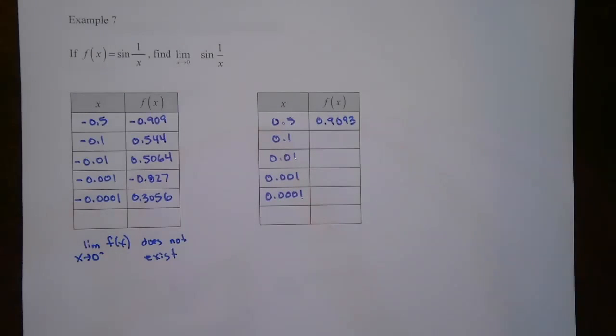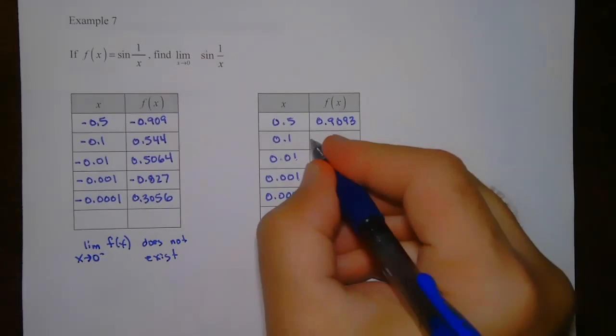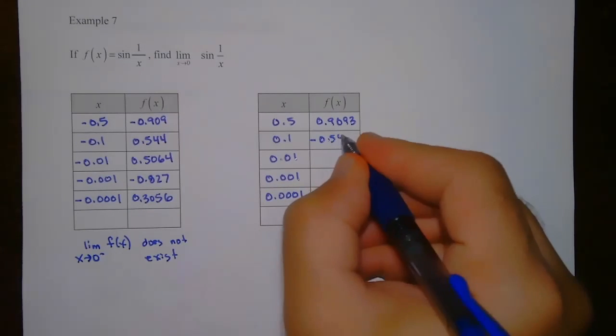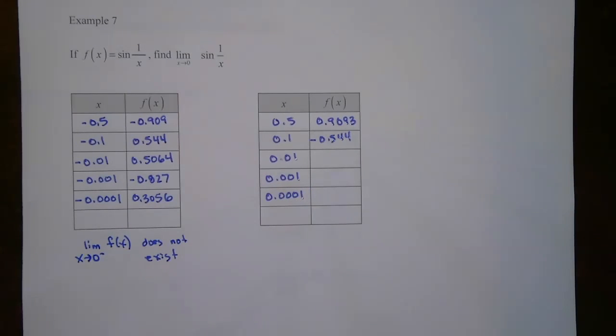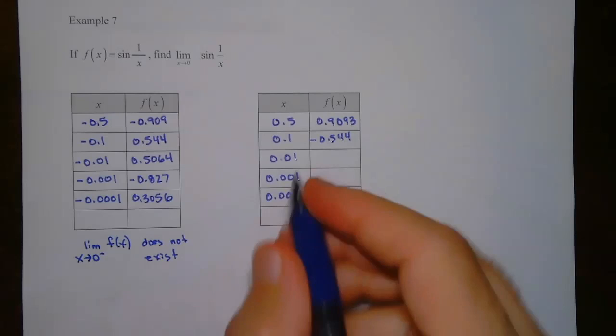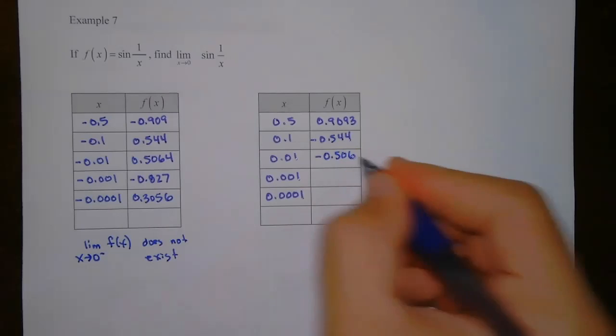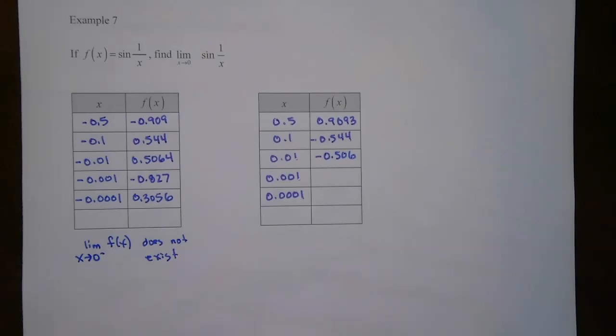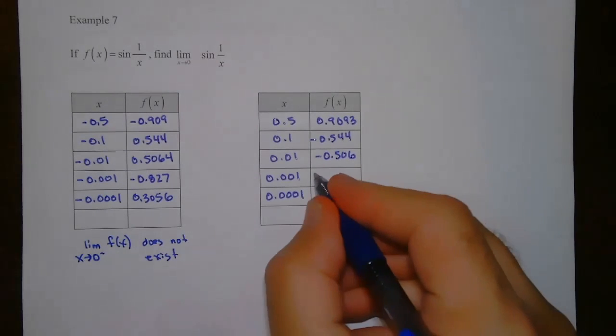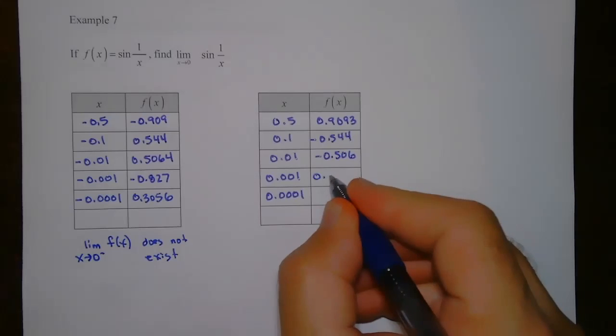0.9093. At 0.1, I get negative 0.544. At 0.01, I get negative 0.506. 0.001 is 0.8269.